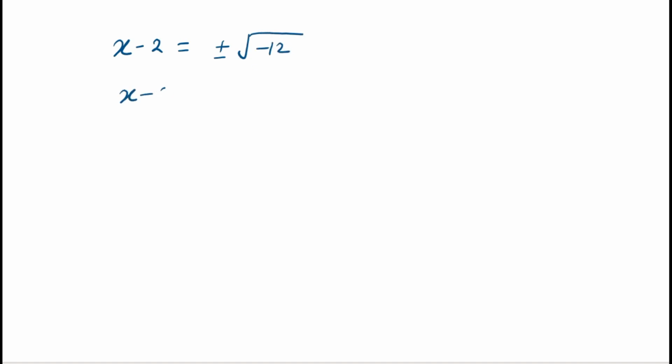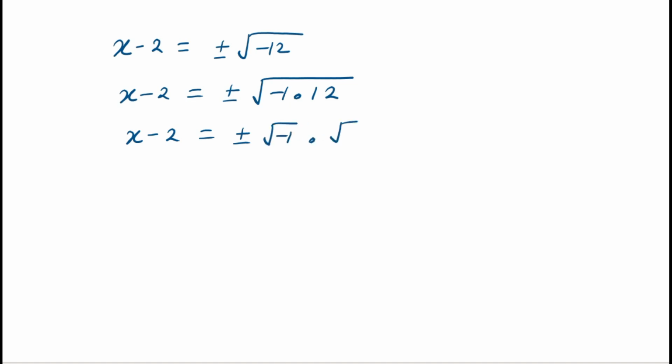The square root of minus 12 is the same as the square root of minus 1 times 12. So x minus 2 equals plus or minus the square root of minus 1 times the square root of 12. The square root of minus 1 is iota, and the square root of 12 is 2 times the square root of 3.